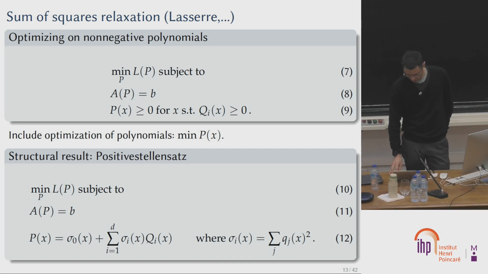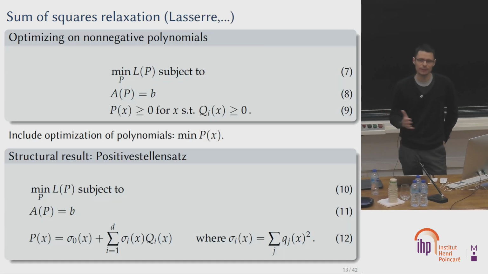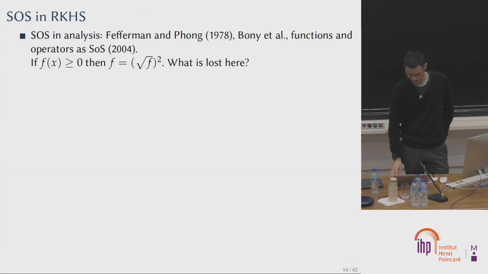Yes. And in fact, until recently, all this literature was restricted to spaces of polynomial functions. But in fact, sum of squares can be applied in different settings, and in particular in reproducing kernel Hilbert spaces.